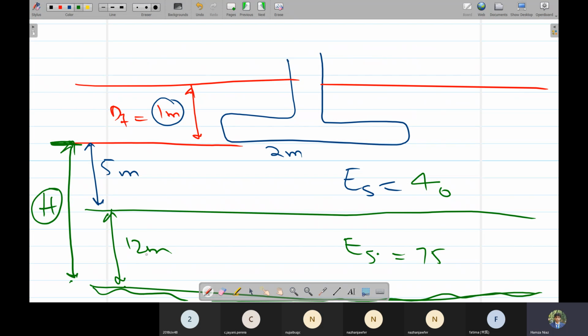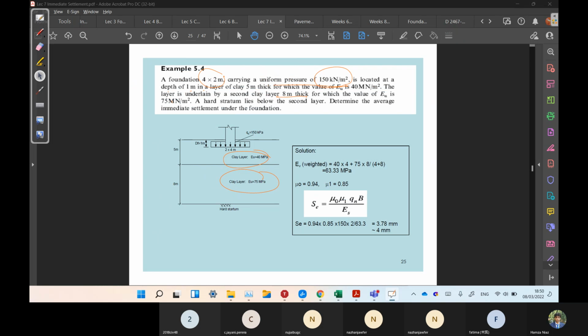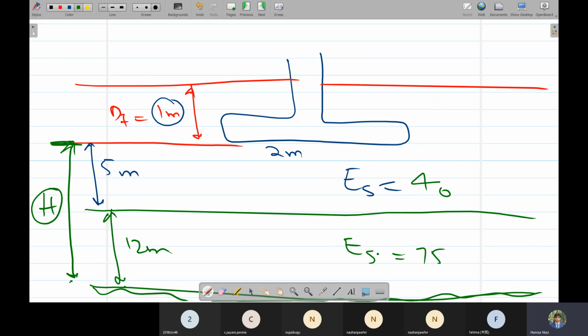Sorry, the 5 meters was from here to here.